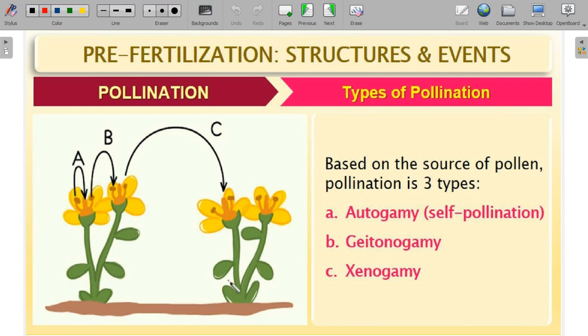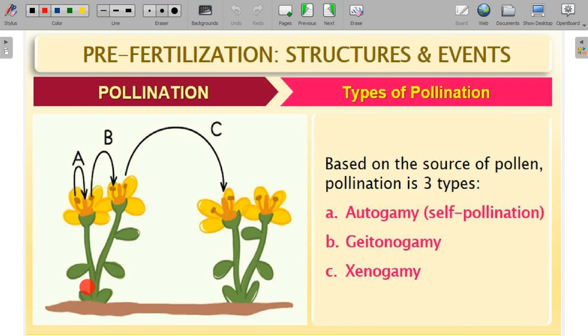Now here we have two different plants, where we can see the androecium and the gynoecium. What is autogamy? The transfer of pollen grains from anther to stigma of the same flower, same plant.